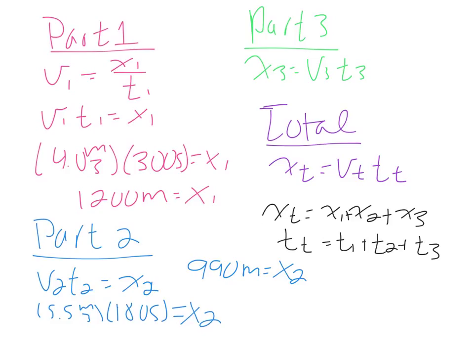The only unknowns here are my x3, t3, and my xt, tt. I've got 1, 2, 3, 4 equations and 4 unknowns. So now it's just time to make the substitutions. Again, from here, it doesn't matter where you substitute or what you choose to solve for. You can go one of a couple of different ways. In the end, you should still end up with the same answer.